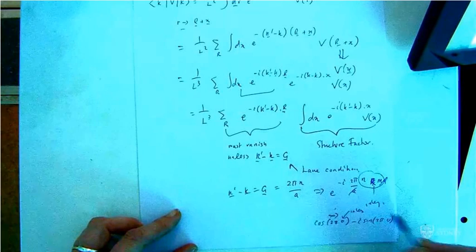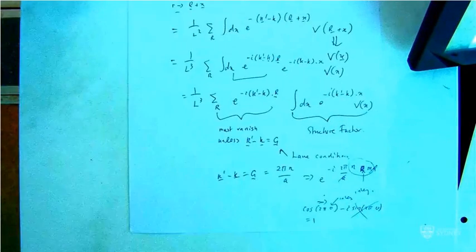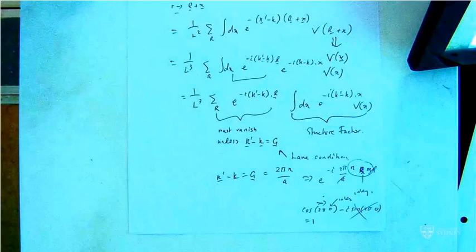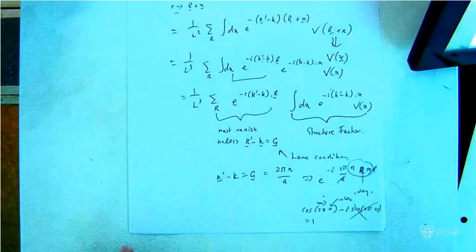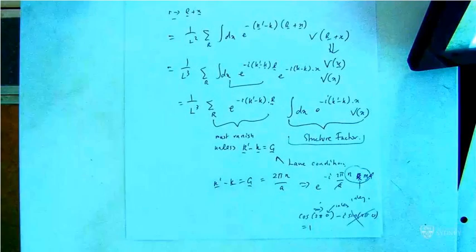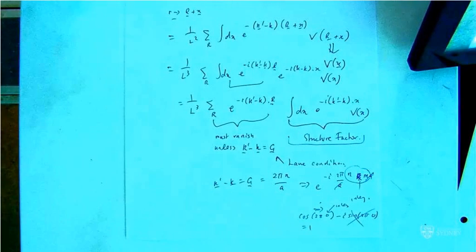So that guy will go out, and you'll just be left with the 1 there. Okay. So it's this part here, this structure factor, that is going to allow us to solve things. Just remember the structure factor for now, and we're going to come back to that later in the lecture.